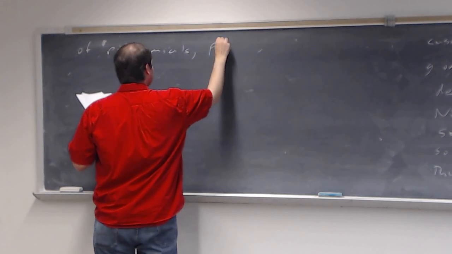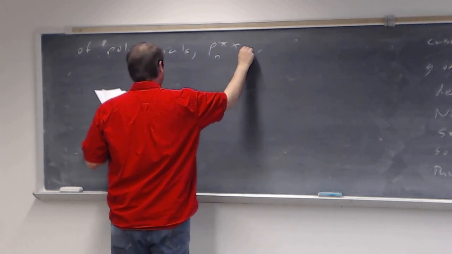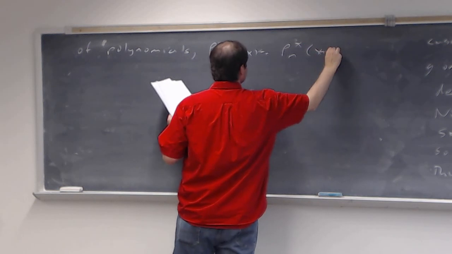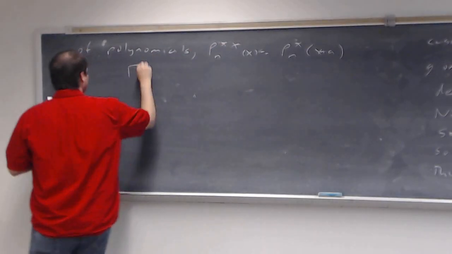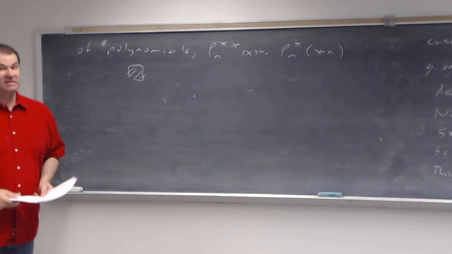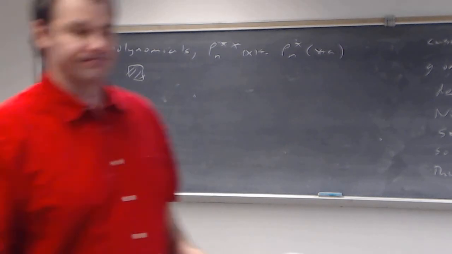I call it p sub n double star of x, equal to p sub n star acting on x plus a. That's the proof of the Weierstrass approximation theorem, and that's definitely enough for today. Thank you very much.